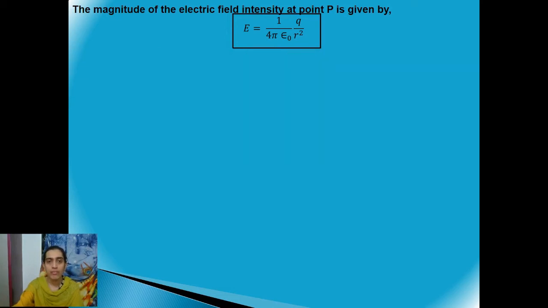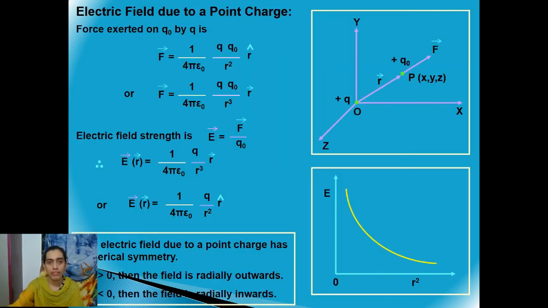Now let's just have a quick review of the derivation. So electric field due to a point charge, how do we derive it? We will consider a source charge at origin O, and we will place a unit positive charge, a test charge at point P, which is at a distance r from this source charge.